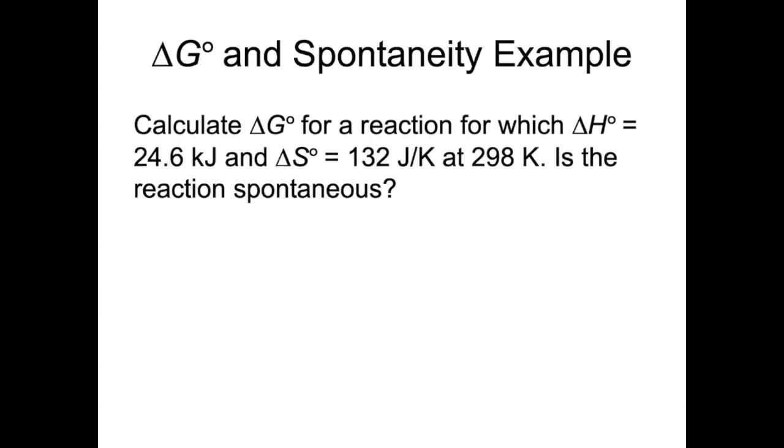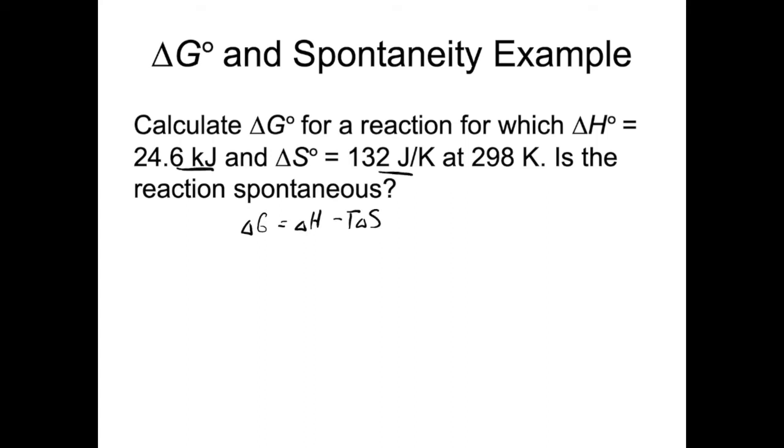So we can do some simple calculations with this. If you want to calculate a delta G for a reaction for which delta H is 24.6 kilojoules, delta S is 132 joules per Kelvin, and we know the temperature, we can calculate a delta G. An important thing to note here is that our units don't match.